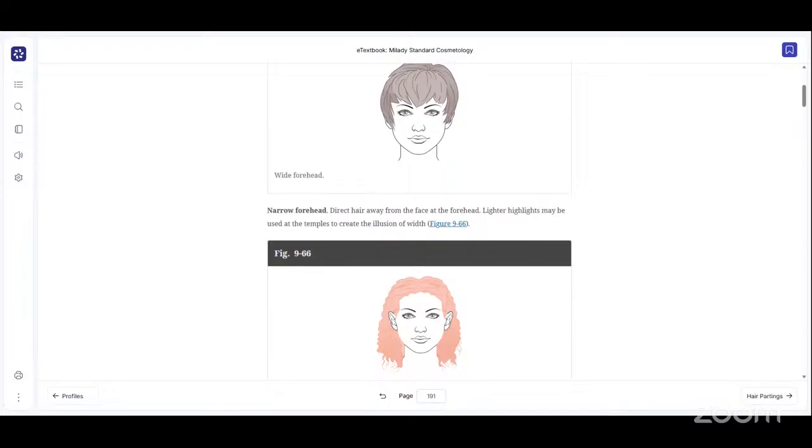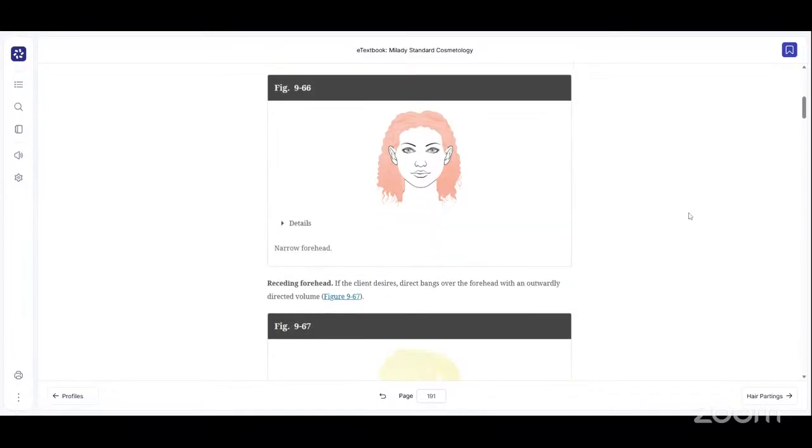So you want to get the illusion of width. Width is basically wide. This is someone who has a narrow face.